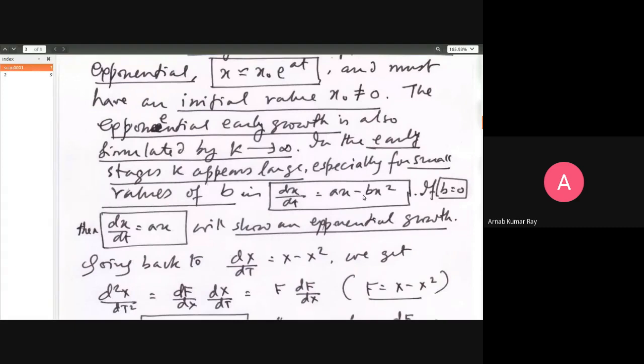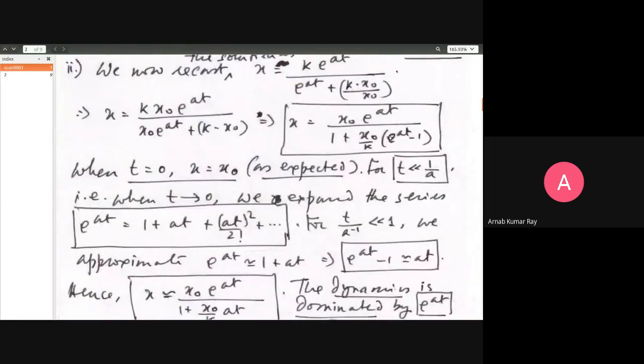But b is not 0, though it's still a very small number. And so the smallness of b makes k look very large, as if it is going to infinity. In that case, just look at this formula. If k is very large, as if k is infinity, then any number divided by infinity will be 0.